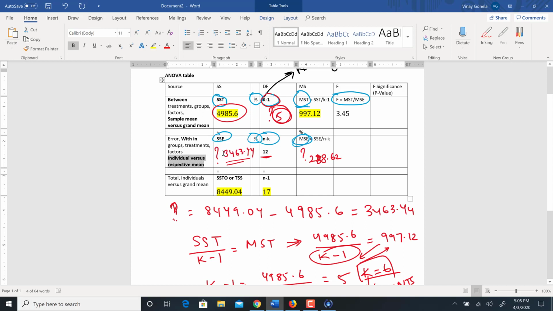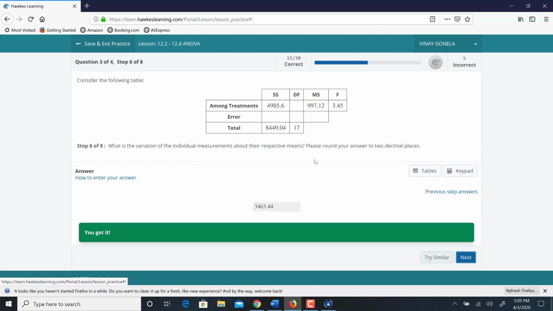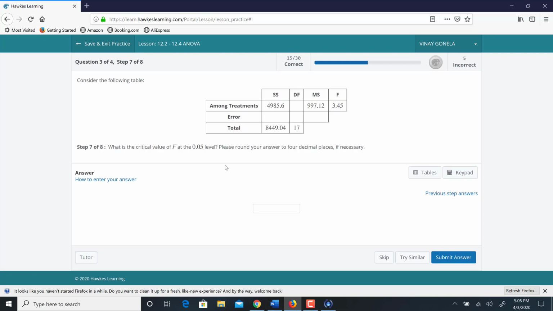So whatever value you have here, 3463.44, would be our individual measurements about their respective mean. So all the terms are the same, you just have to select which one they are asking you. What is f at 0.05 level?